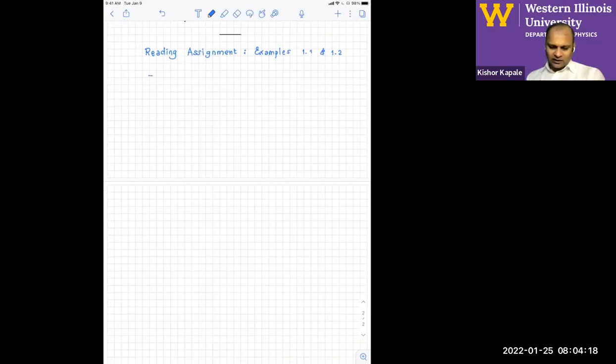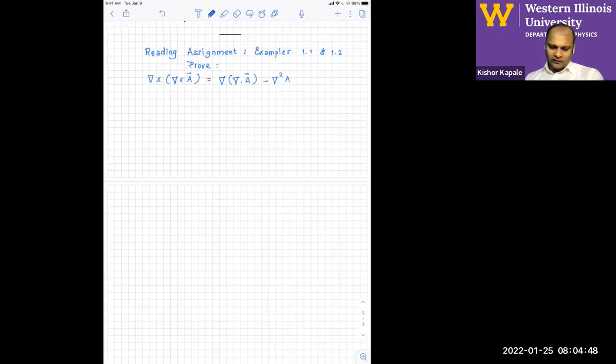So let's take a look at now del cross del cross A. It's a double vector identity, two gradient operators applied to A through the cross product. And we of course know, so we have to prove that this is going to be del (del dot A) minus del square A, right?